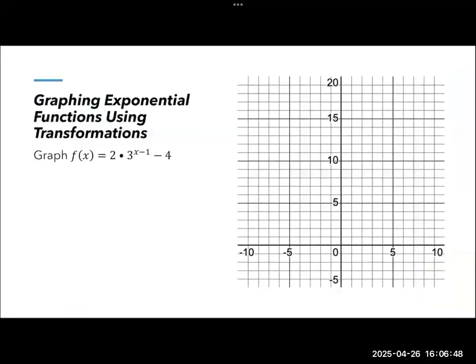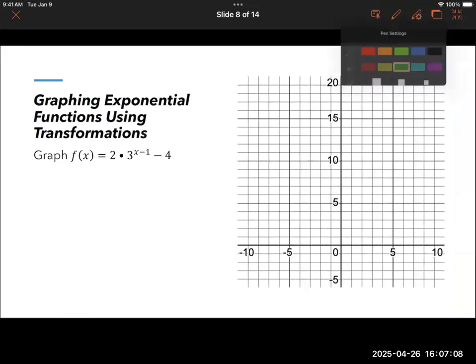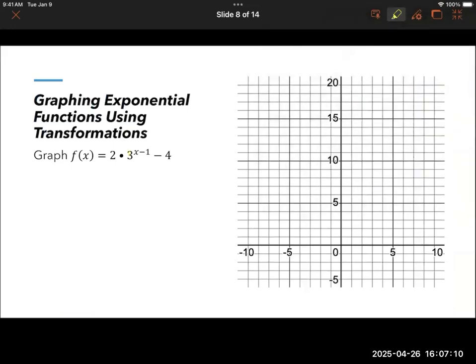All right, so if we're going to graph a more complex exponential function, like f of x equals 2 times 3 to the x minus 1, minus 4, the first step I would recommend is to identify your b value.